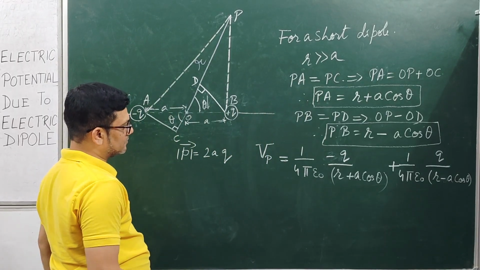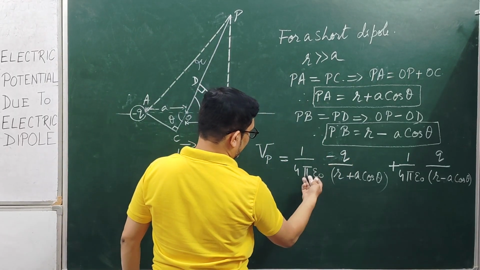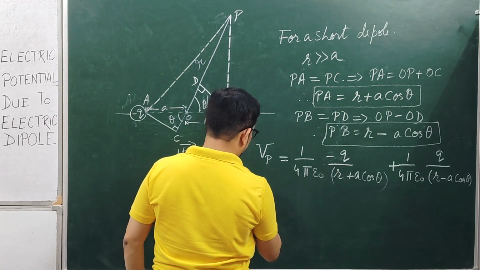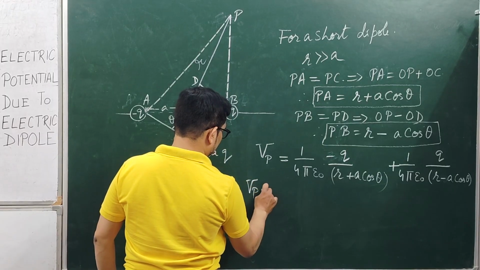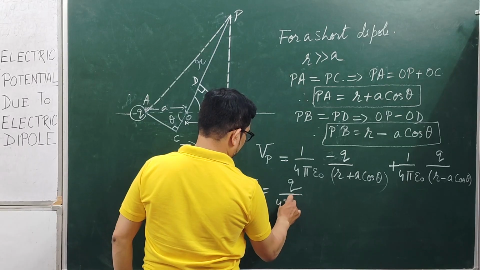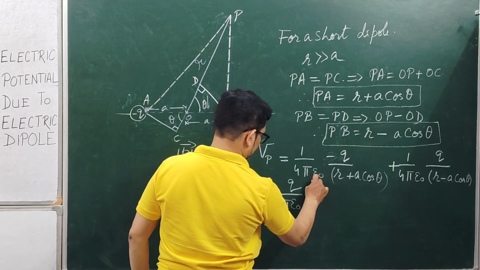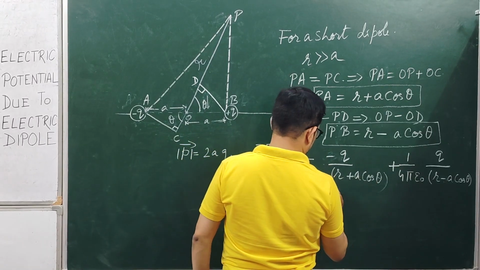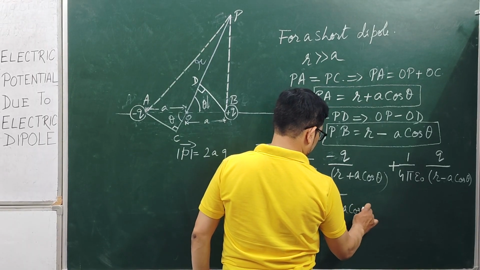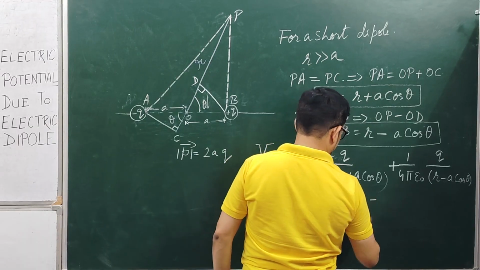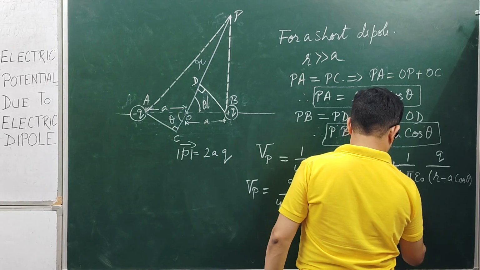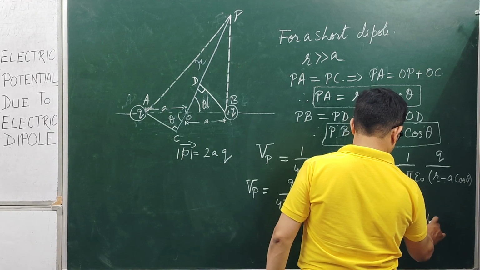If you take common Q divided by 4 pi epsilon naught and put the rest in a bracket, we get the potential V_P equal to Q over 4 pi epsilon naught times 1 over R minus A cos theta minus 1 over R plus A cos theta.